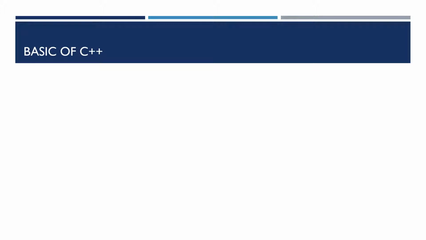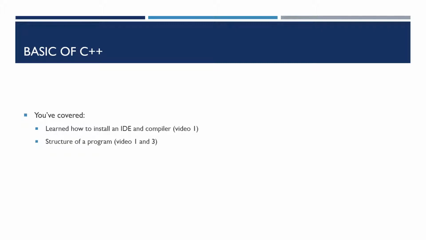So with regards to the basics of C++, congratulations, you guys have covered a vast majority of the things that you need to know. So, you've covered how to install an IDE and a compiler. You've looked at the structure of programs. You've learned your basic primitive variable types, and you've learned a few operators.